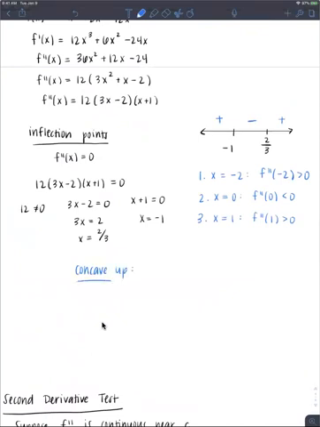Where does it start being concave up? Yeah, negative infinity up to -1. And then I can union it with this last one. And then it's concave down, basically just in the middle, from -1 to 2/3.